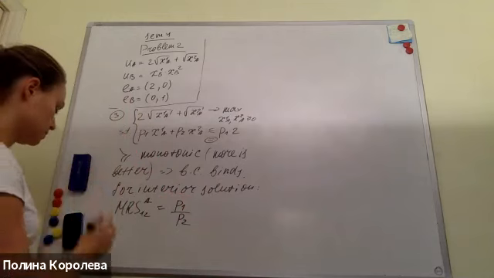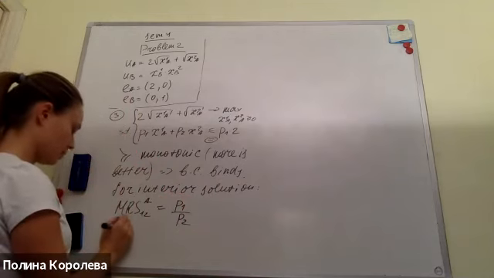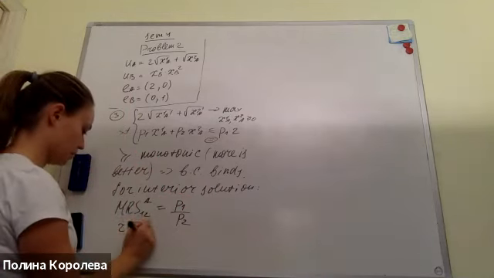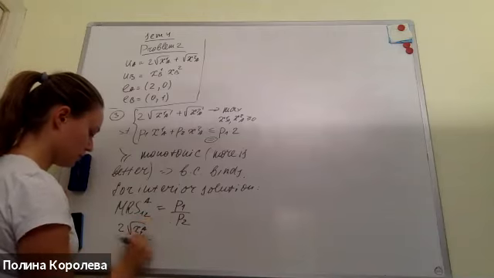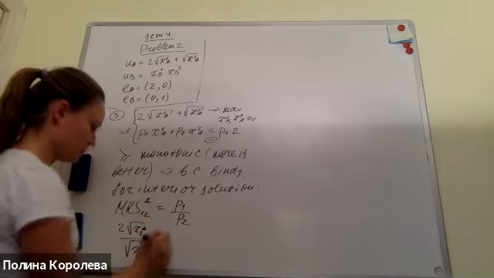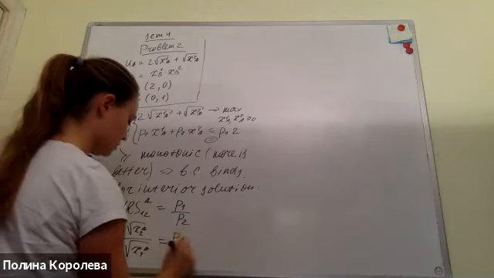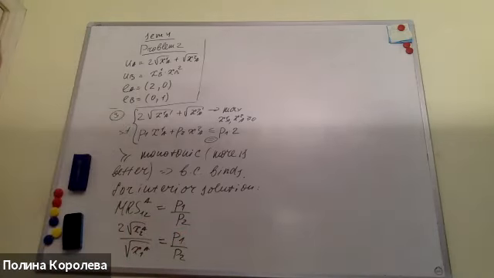We counted marginal rate of substitution. That was 2 square root of x2a divided by square root of x1a, which should be equal to P1 divided by P2. From here, let's derive, for example, x2a.